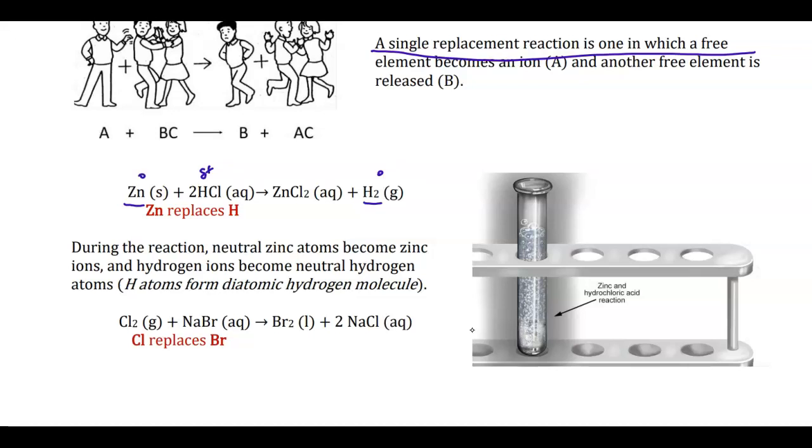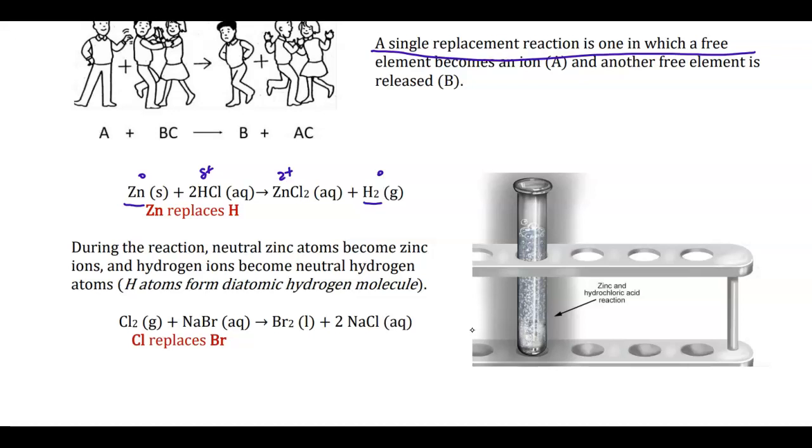And neutral zinc here, but here it's 2 plus because it's an ionic compound. We will talk about this later. This is an example of redox reactions.